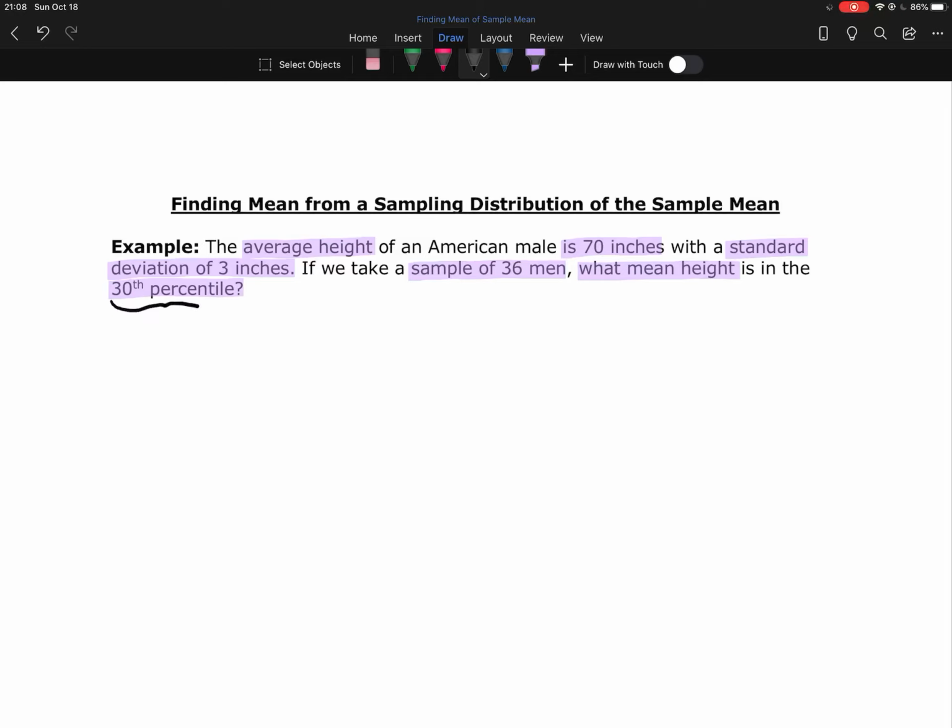So remember, when we're told a percentile, that means the probability to the left, or the area to the left, is 0.3 or 30%.